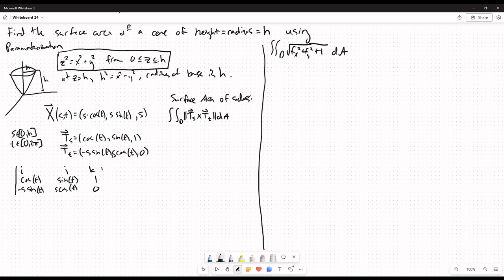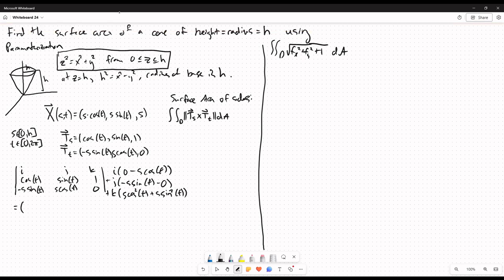If I take that cross product, well, in my i direction, I'm going to have 0 minus s cosine of t, plus j. In the j direction, I'll have negative s sine of t minus 0. And in the k direction, I'm going to have s cosine squared of t plus s sine squared of t, because we have a negative and a negative making a positive there.